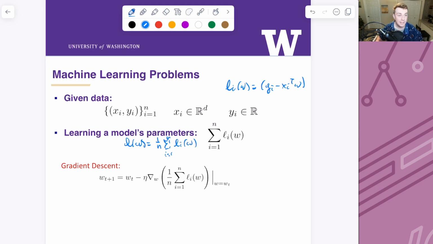Okay, so L is the overall loss on the whole training set. Li is the loss on the ith training point. Okay, again, you could just think about this as squared error, but these L functions are supposed to be more general, that they can represent any kind of error metric that you might want to come up with.